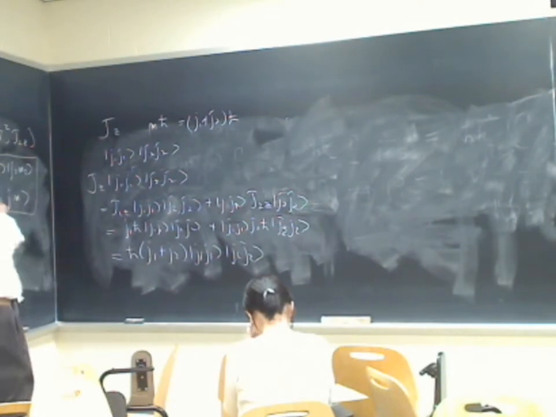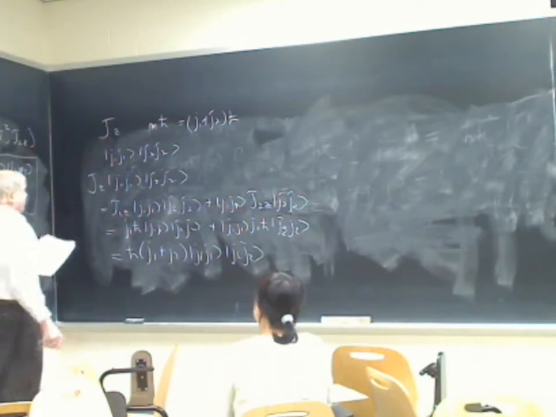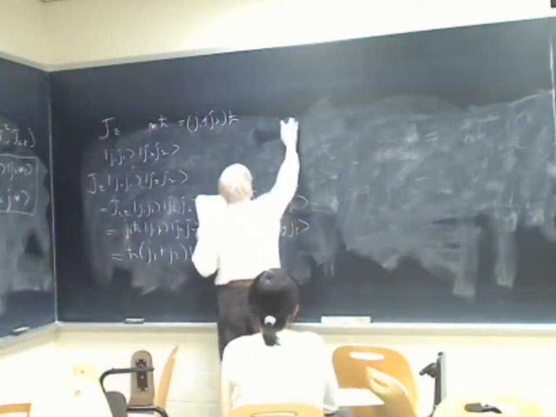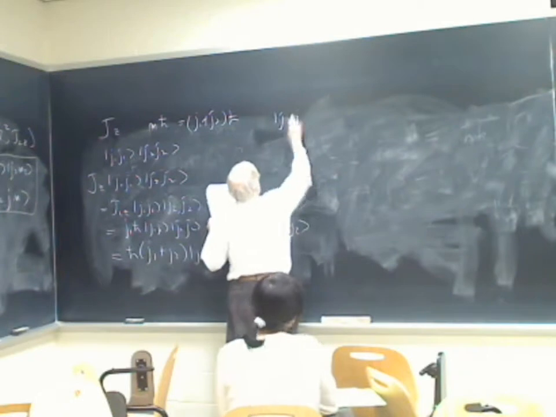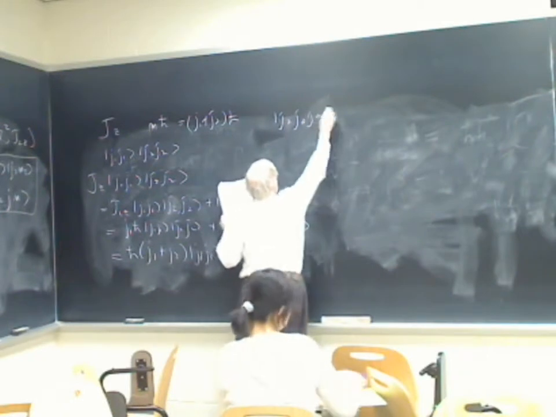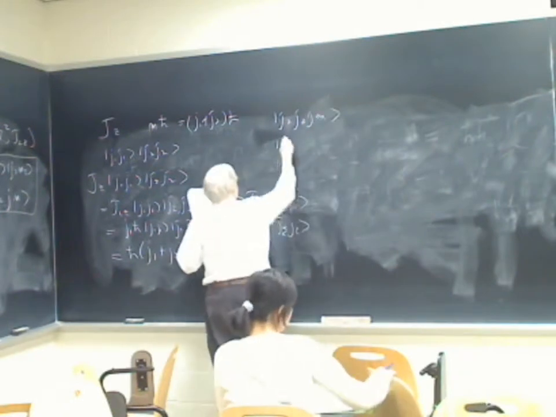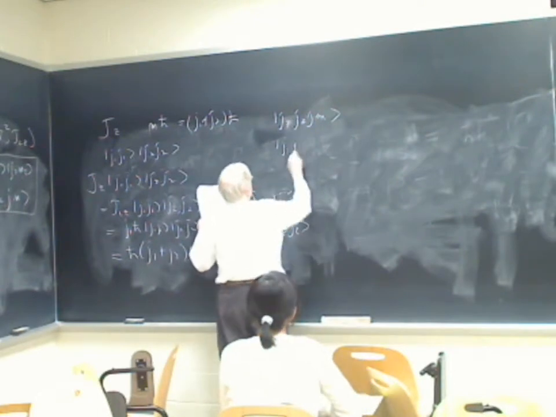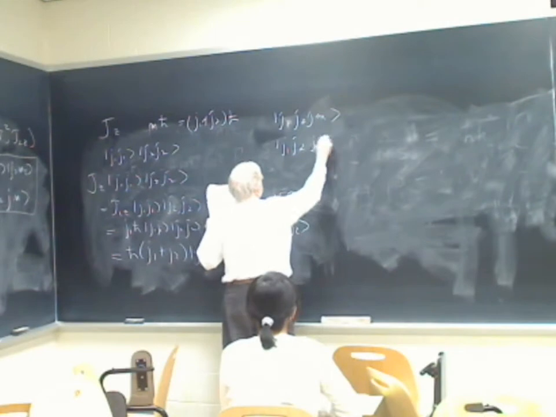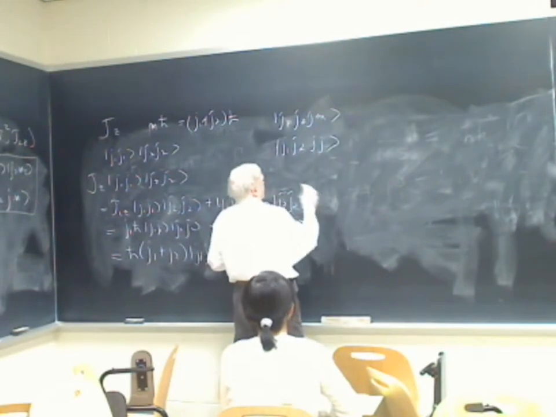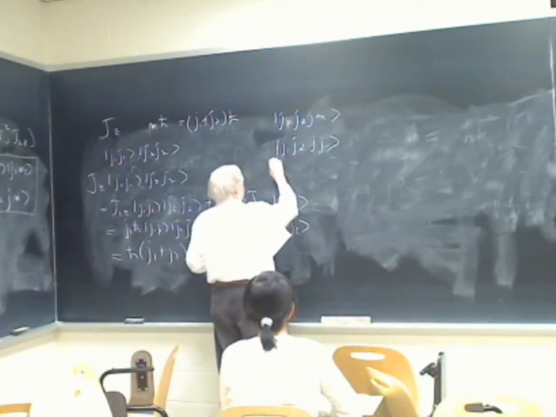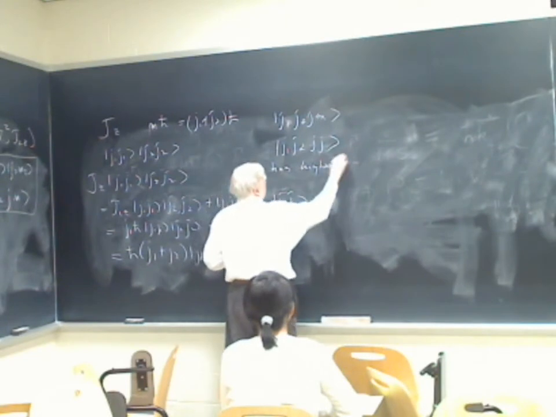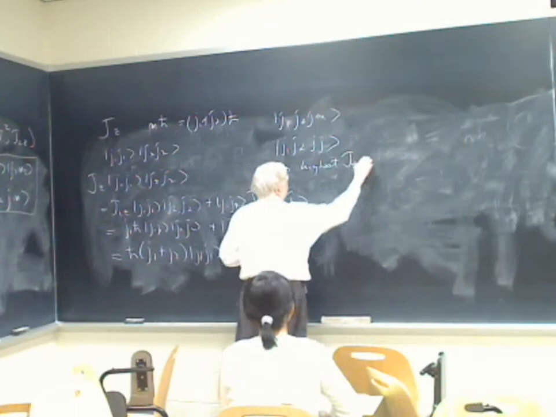Now, what state over here has the highest value? Well, the state with the highest value of Jz in this other basis, J1, J2, J M, this would be the state J1, J2, J J. This has the highest Jz eigenvalue.